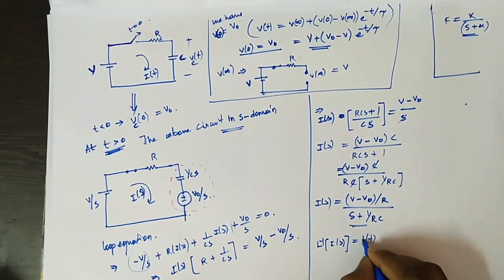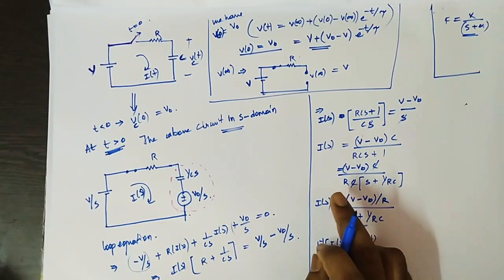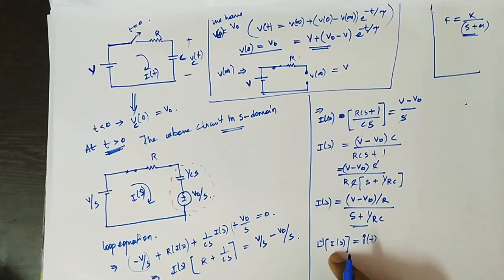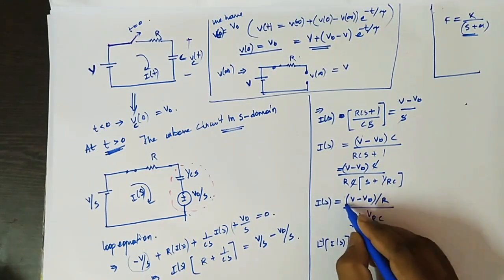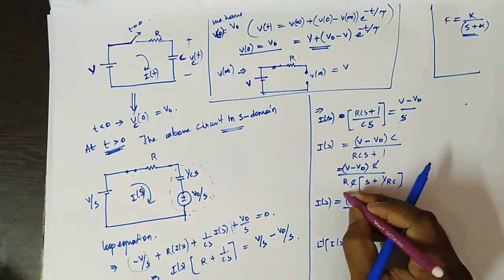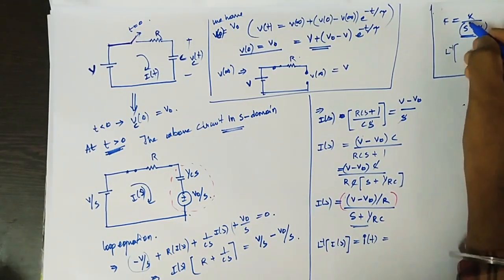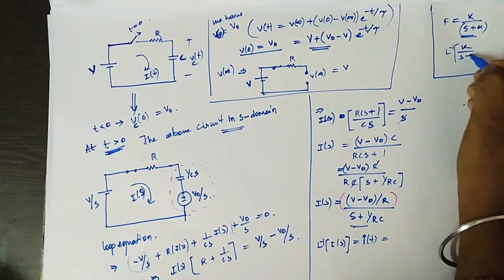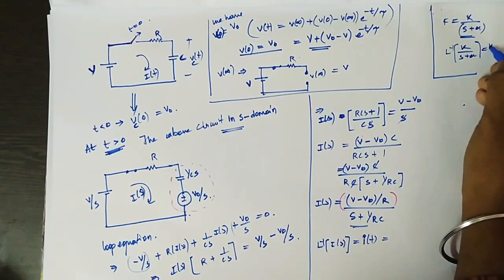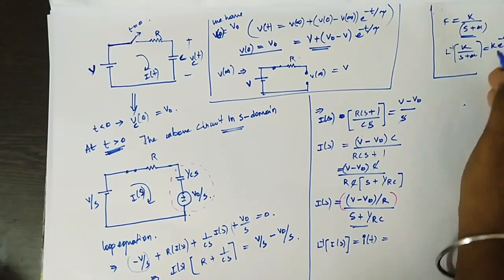I of t. So you are converting from Laplace domain to time domain. This entire thing is a constant here. So Laplace inverse of constant k by s plus a equals k into e power minus at.